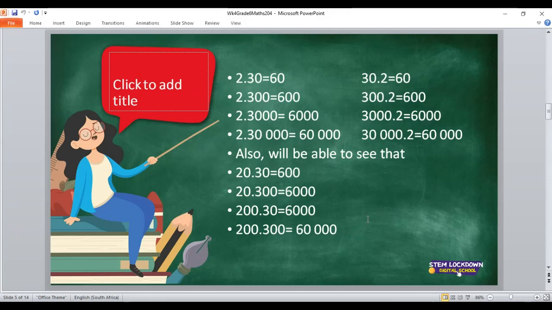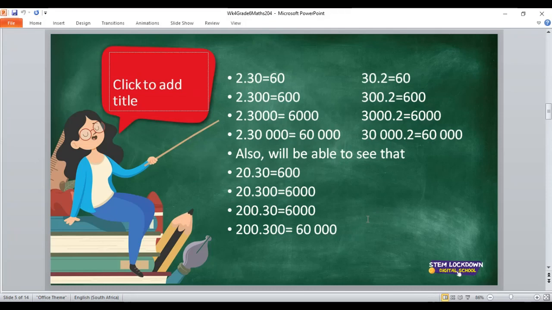And also looking at 2 multiplied by 30,000 equals 60,000. And again, 30,000 multiplied by 2 equals 60,000. Now we are extending our factors.